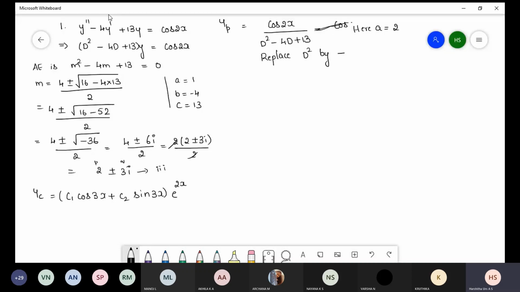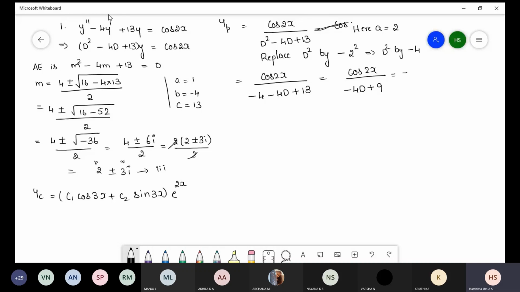Now here replace D square by minus 2 square, that means D square by minus 4. So write here cos 2x divided by minus 4 in the place of D square, again minus 4D plus 13. So cos 2x divided by minus 4D, again minus 4 plus 13 is plus 9.